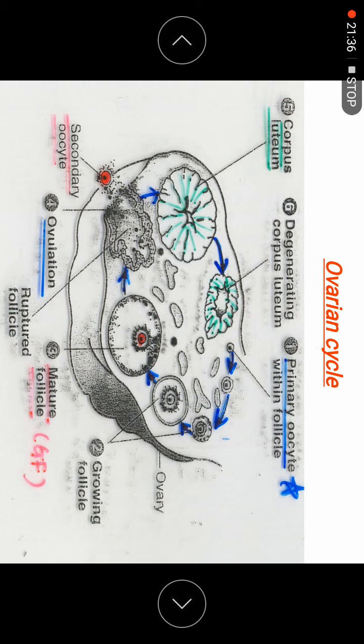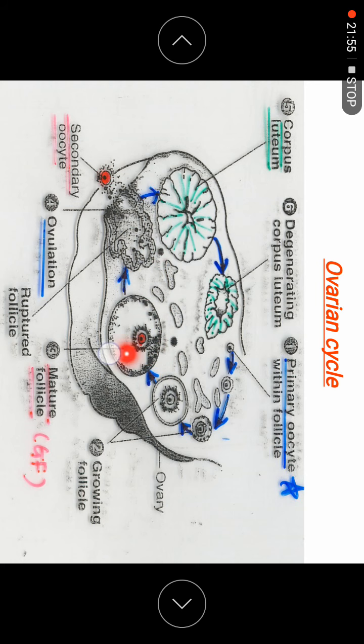The Graafian follicle, where is it? Starting here, primary, the growing follicle. After secondary, it will be kept inside a follicle. The follicle will grow and become matured. When it is matured, it will release the secondary oocyte.